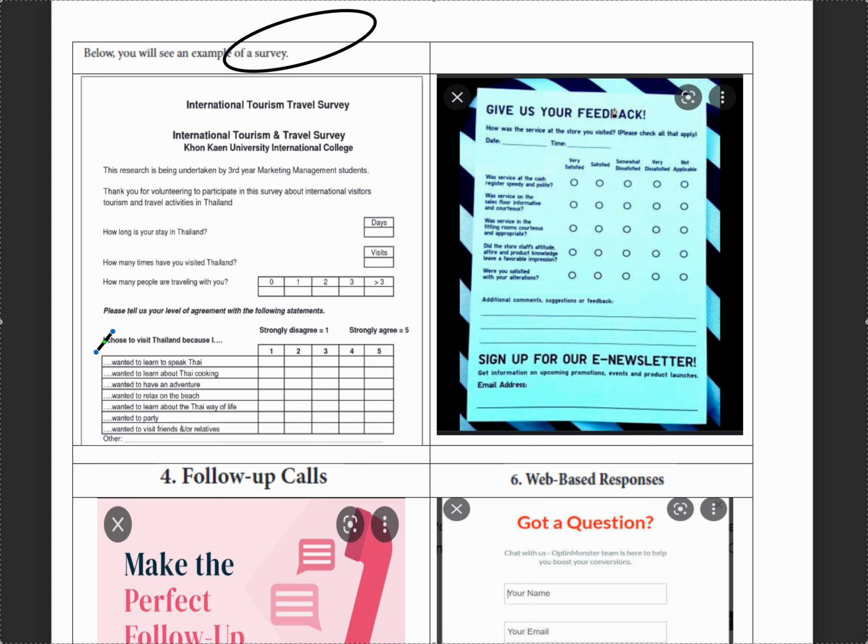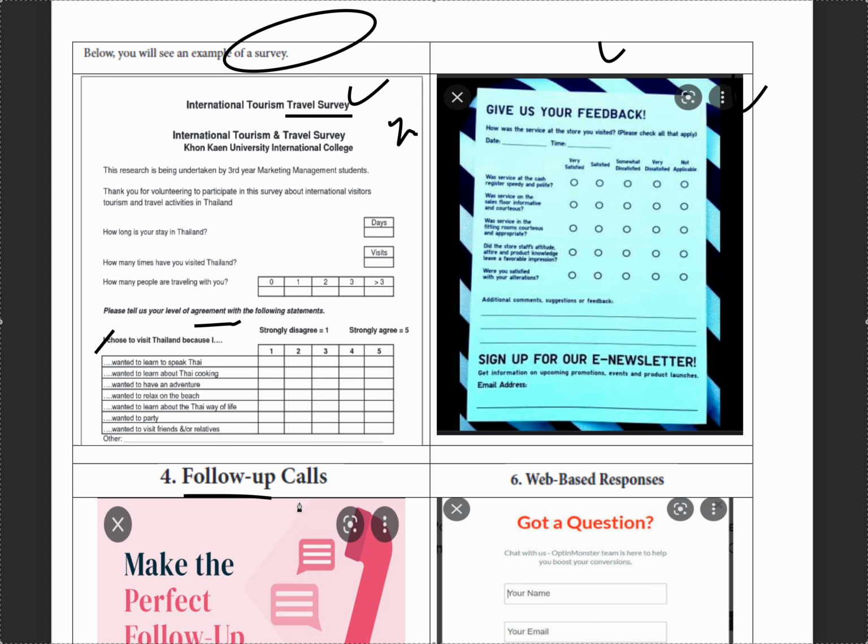This is the feedback, where you tick. The questionnaire is also similar to a survey, but a questionnaire will have a lot of space where someone can write a lot, in sentence form.